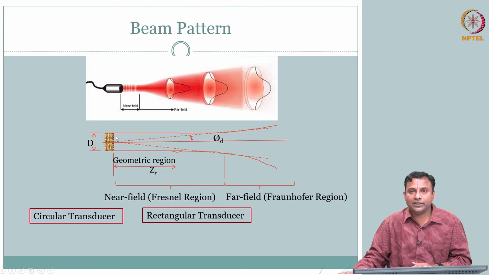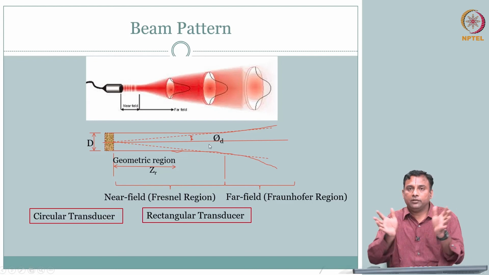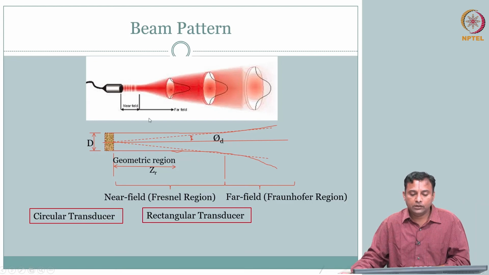It is sending out a pressure wave, but after some distance it starts to spread out, widen, right? So the region over which it is still holding on is your geometric region, and then you have what is called the near field, near to the transducer.